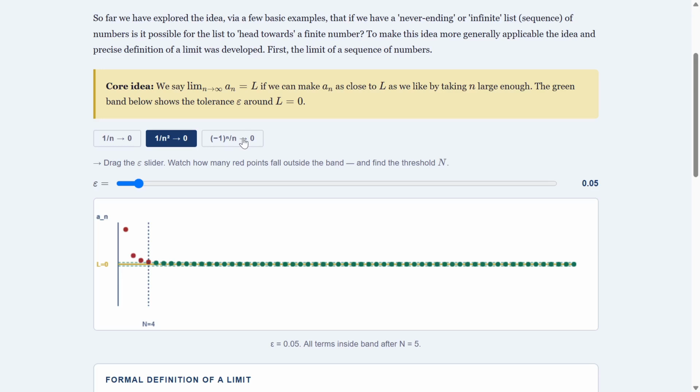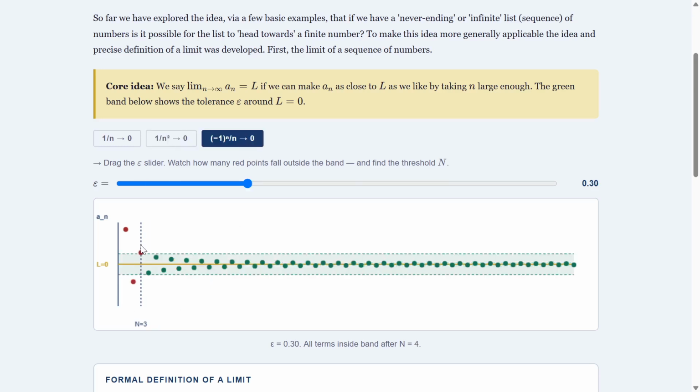Our final example is minus 1 to the n over n. And if we plot that graph, we see the values are oscillating because of the minus 1, but they're getting closer to the limit L equals 0.